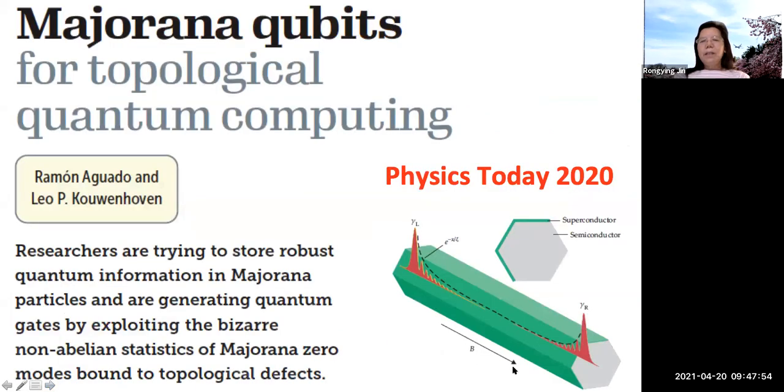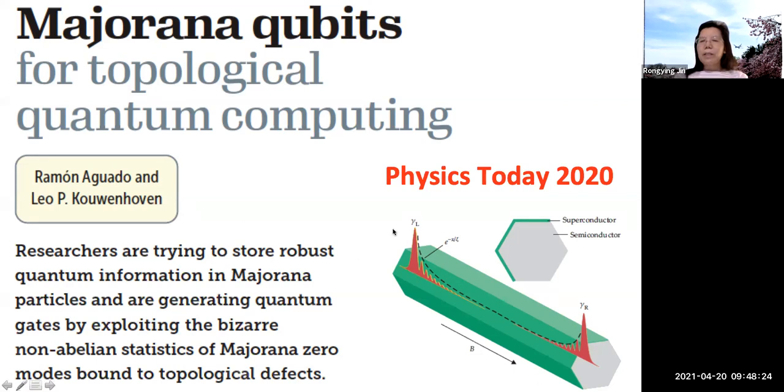All right, just recently, late last year, in Physics Today, and I'm sure many of you have that on your desk, probably you did not bother to take a look at this article about Majorana qubits for topological quantum computing. Basically you can generate the Majorana modes at the edge as demonstrated on the right-hand side.